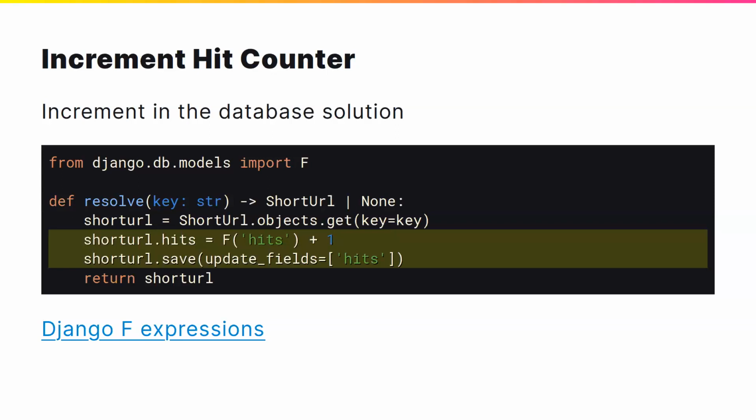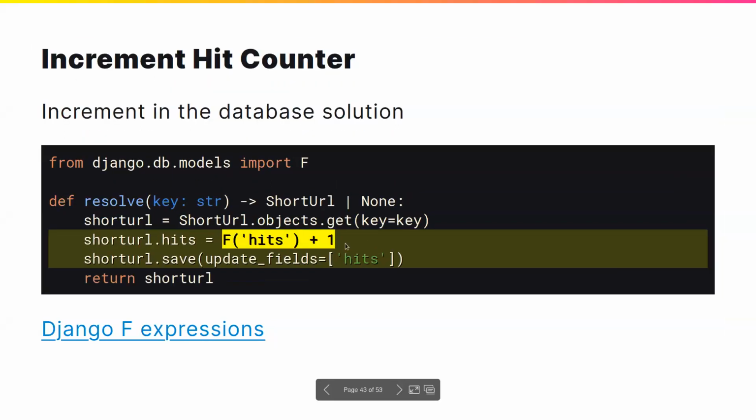So this value can become stale when you have lots of transactions operating at the same time. But what if instead of updating the value to an absolute value like 1, 2, 3, 4, we just say to the database, take whatever value you have and increment it by 1, okay?